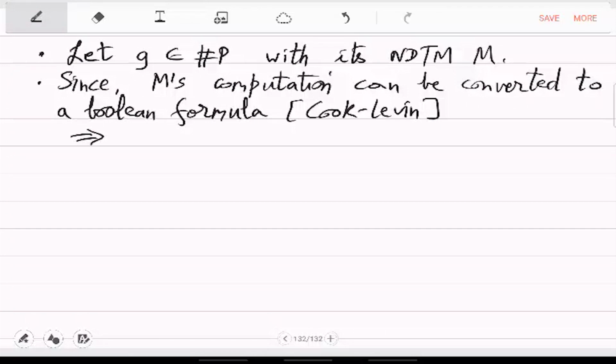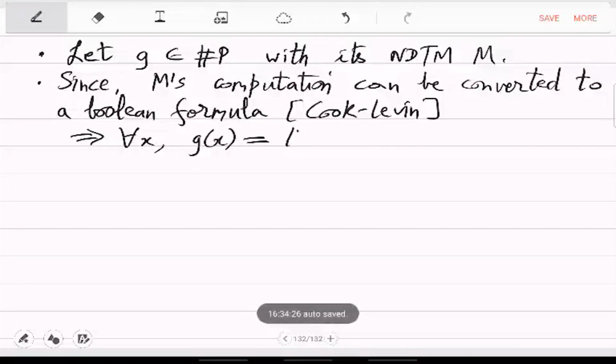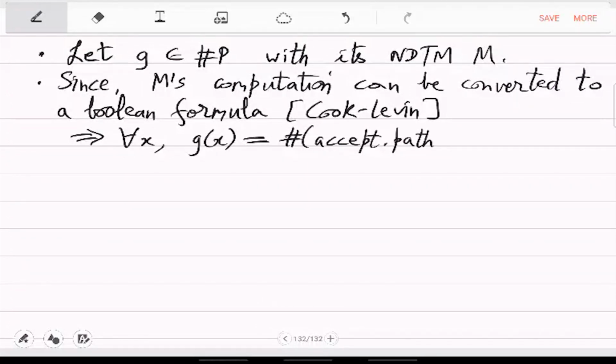So what it means is that for all input x, this G of x is equal to the number of accepting paths of M on x, which is also equal to, so let me call the Boolean formula phi, which is also equal to the number of satisfying assignments.